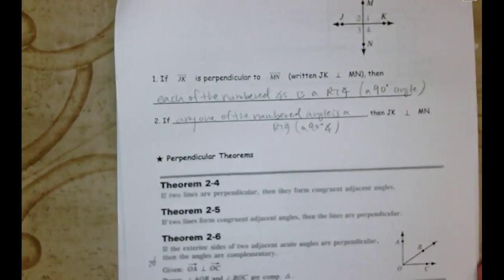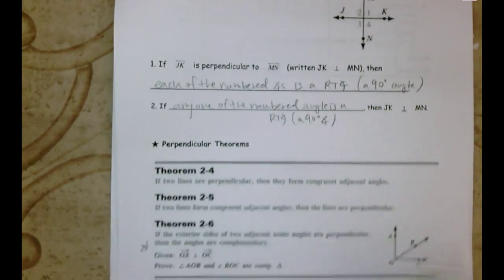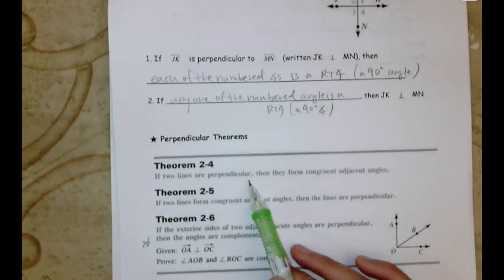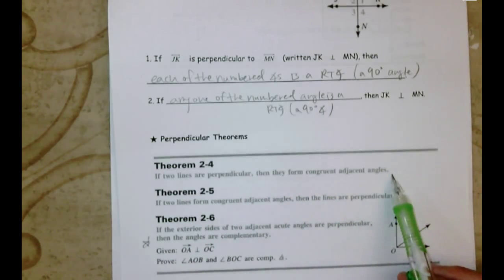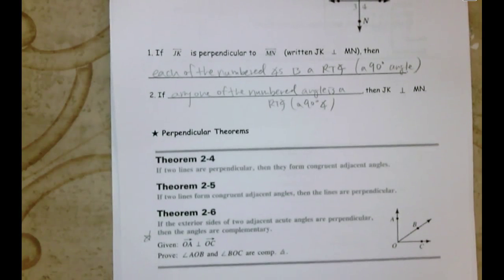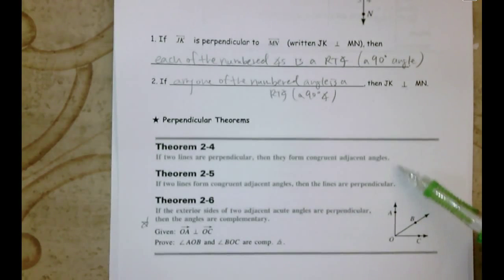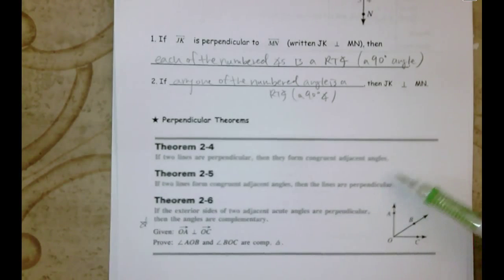By the way, before we go there, let's read the theorems. Theorem 2.4 is if two lines are perpendicular, then they form congruent adjacent angles. And if two lines form congruent adjacent angles, then the lines are perpendicular. What's the relationship between these two? Yeah, they are converses of each other, right?